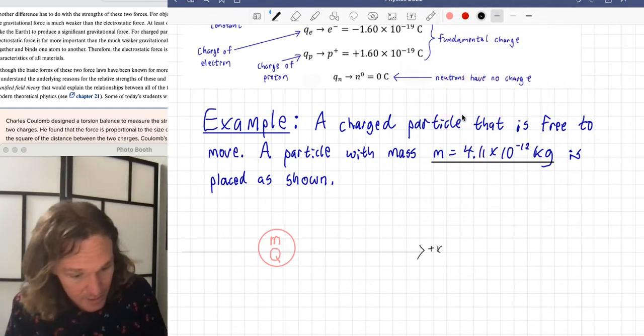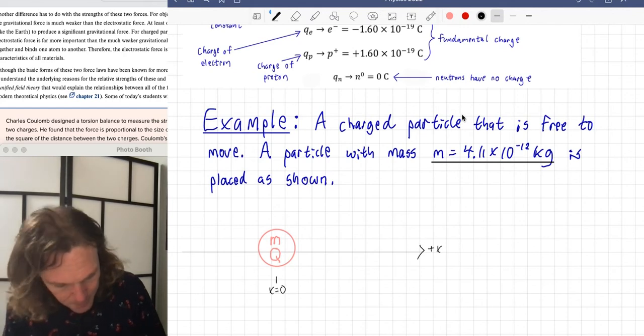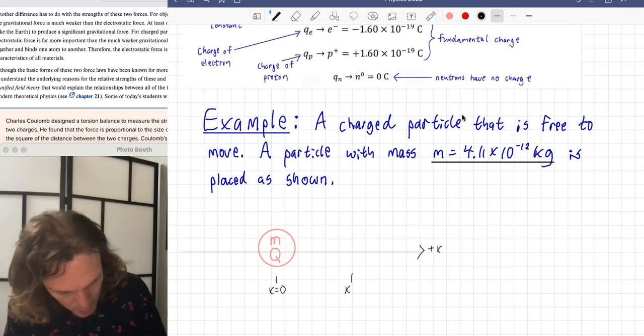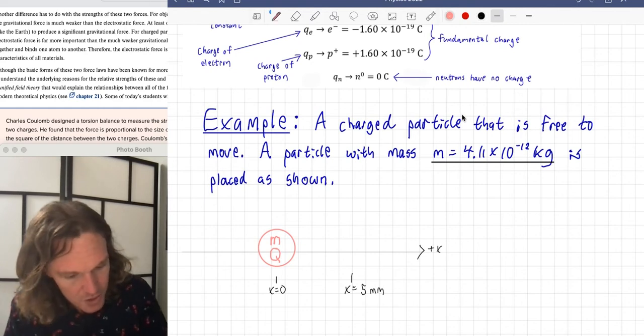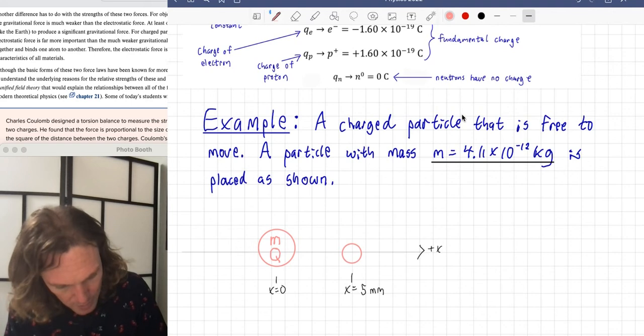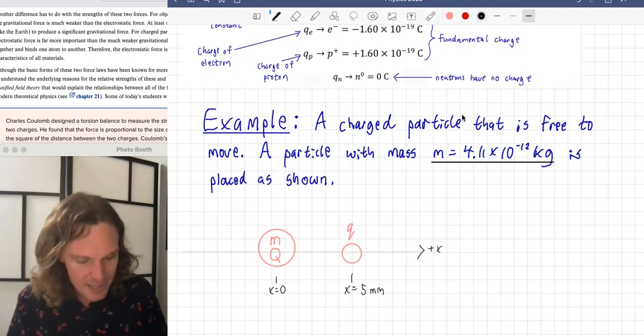We'll put this one right here, at x equals 0, our origin. And then over here, we'll put another point, which I'll just put down as 5 millimeters. We'll put a charge located right there, which we'll just have be Q. I'll have these two be the same, and it'll just vary the distance.